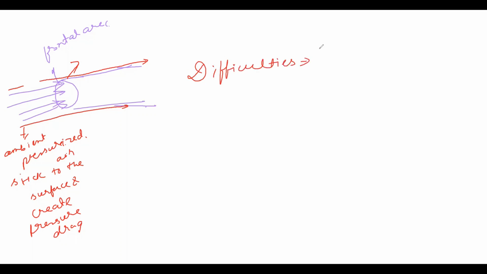Now compressor is a very complex system. Before seeing difficulties, let's see the definitions of both the compressors. So two types of compressor I told you, axial and centrifugal. Without going inside, let's first see the axial compressor.